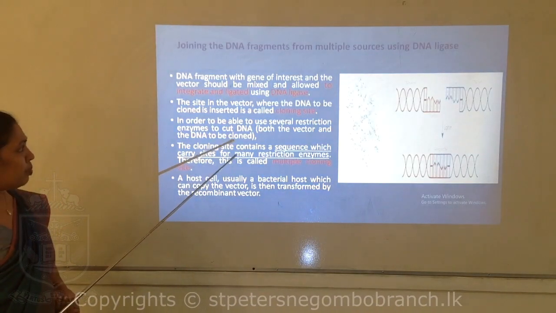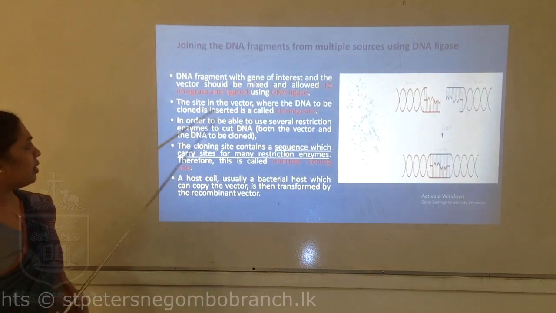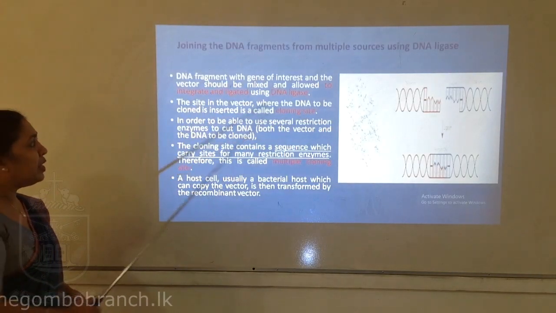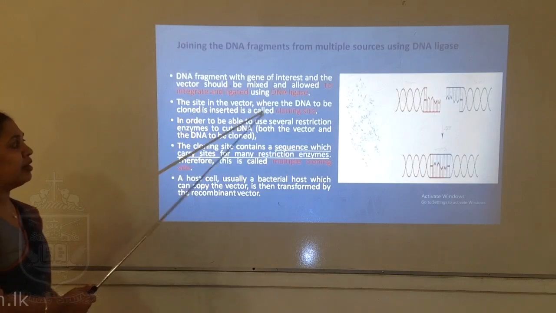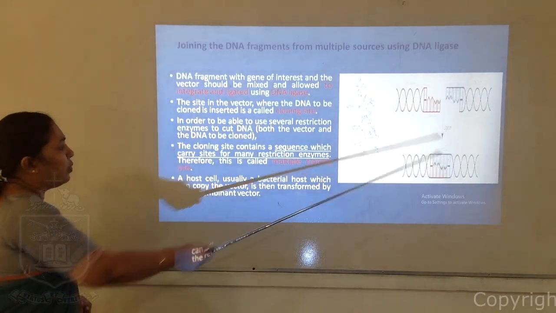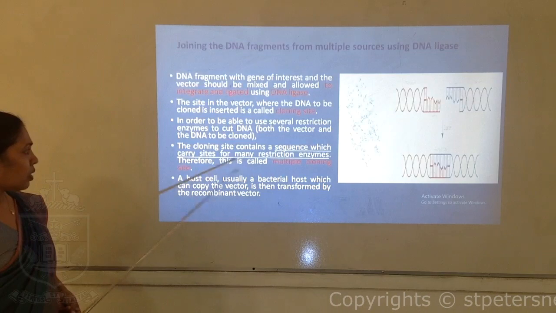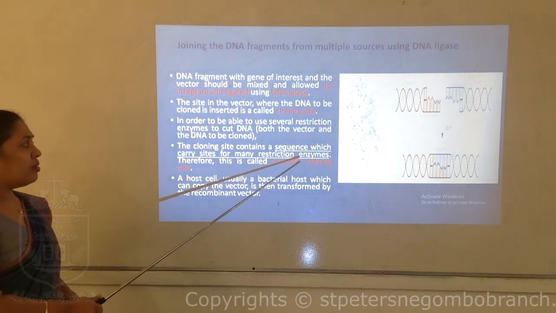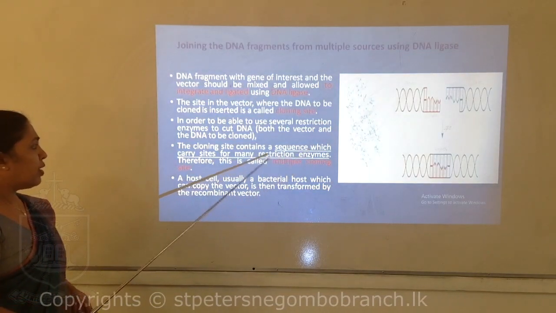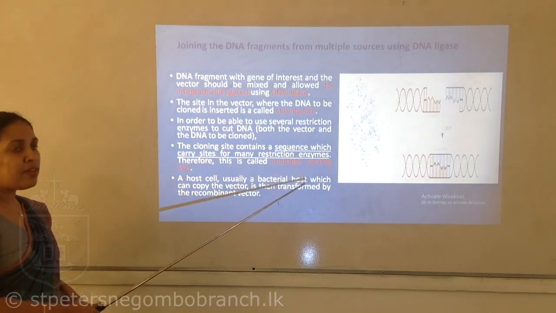Usually there should be a cloning site. The cloning site is the site in the vector where the DNA to be cloned is inserted. So this is a cloning site. The cloning site contains sequences which carry sites for many restriction enzymes.